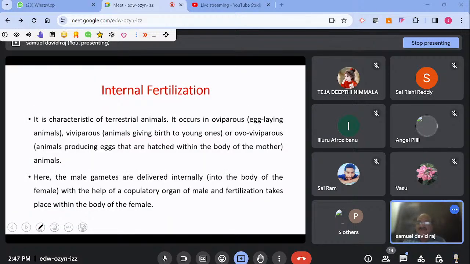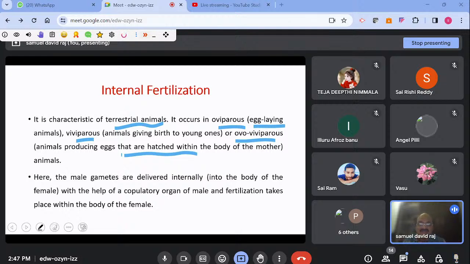Coming to internal fertilization, it is characteristic of terrestrial animals. It occurs in oviparous, that means egg-laying animals, viviparous, those animals that give birth to young ones, or ovoviviparous animals, that means animals producing eggs that are hatched within the body of the mother.